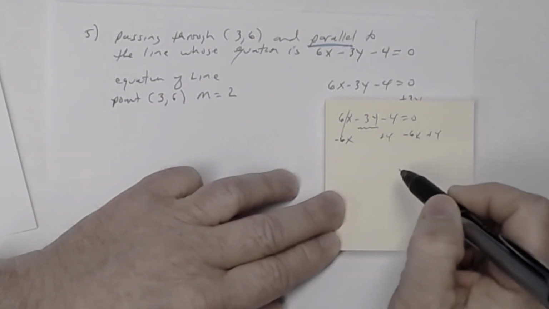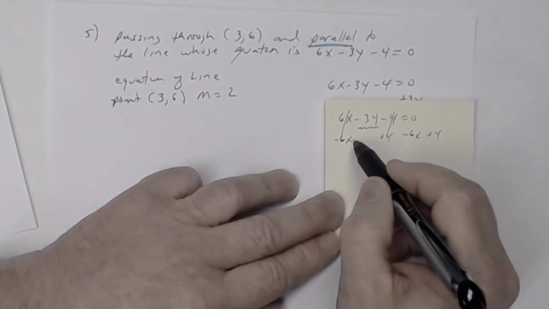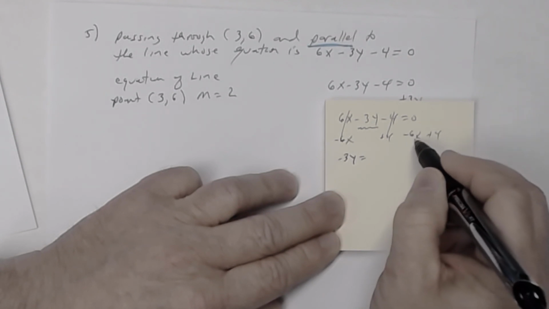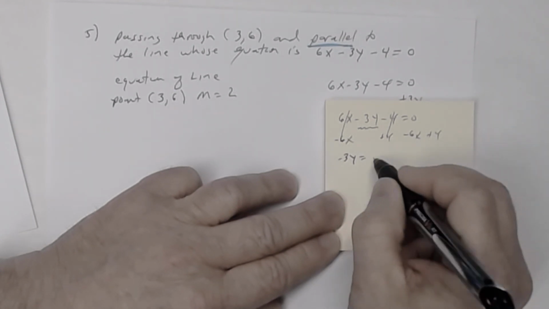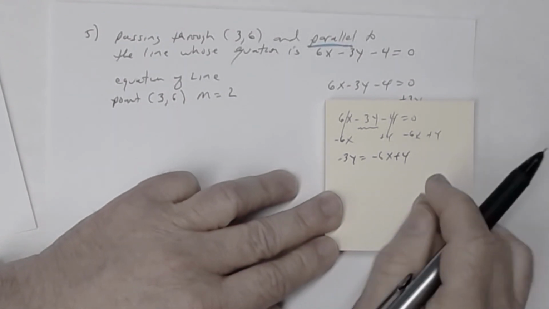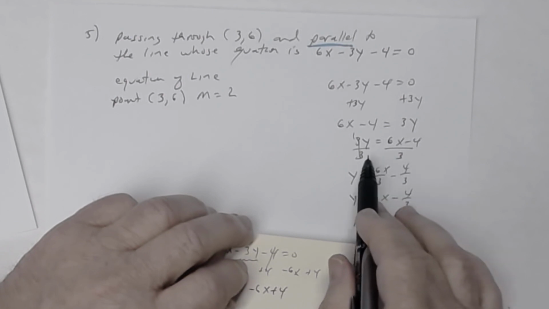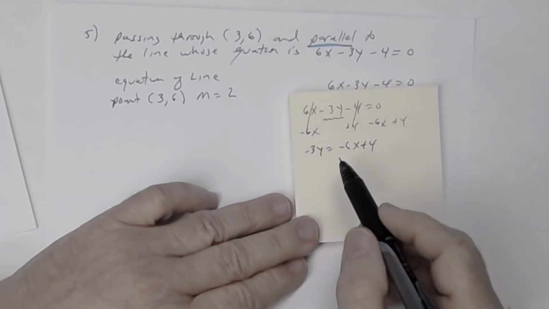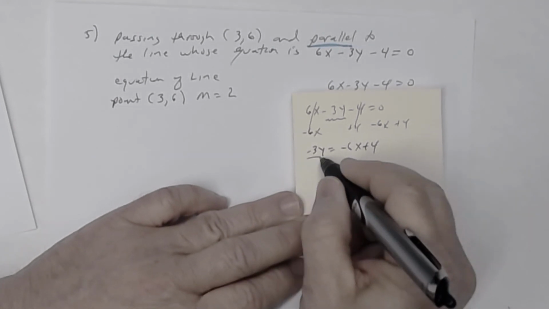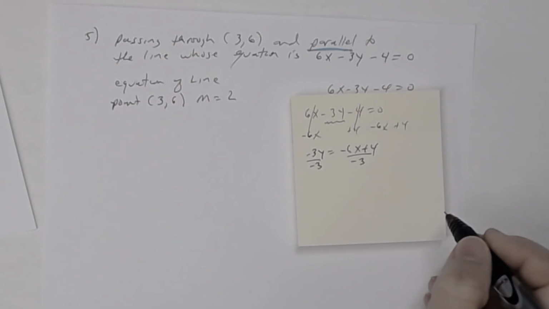So 6x minus 6x is 0, negative 4 plus 4 is 0, and so you get negative 3y equals 0 minus 6x plus 4, which is negative 6x plus 4. And notice when I did this approach, I divided by positive 3. If I do this, you have to divide by a negative 3. So that's why you've got to be a little bit careful when you're dealing with negative signs.